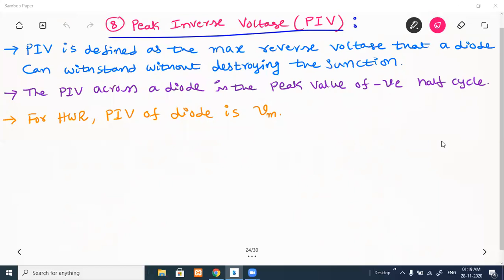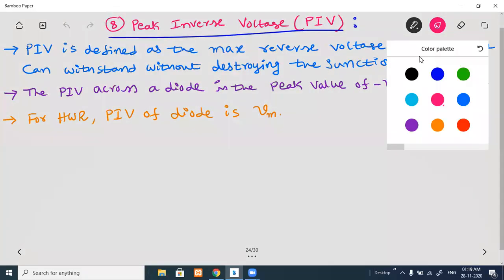So the name itself says that it is the maximum voltage across the diode in the reverse biased condition. The PIV across a diode is the peak value of negative half cycle. For half wave rectifier, the PIV of the diode is Vm. So this PIV is the peak voltage across the diode in the reverse biased condition.